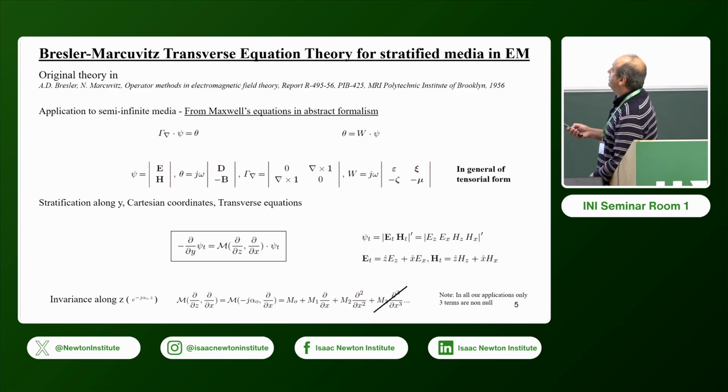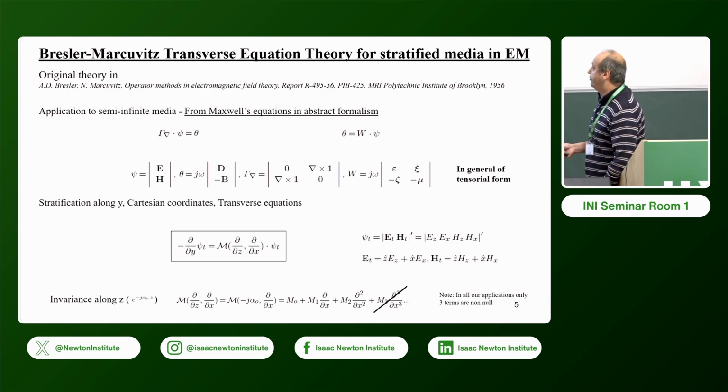In Bresler-Marcuvitz transverse equation theory for stratified media in electromagnetics, you have this report of 1956 that represents the Maxwell equations with this operator and these constitutive relations. The constitutive relations are of tensorial form, so all parameters are tensorial. We have the field components and the differential operator.